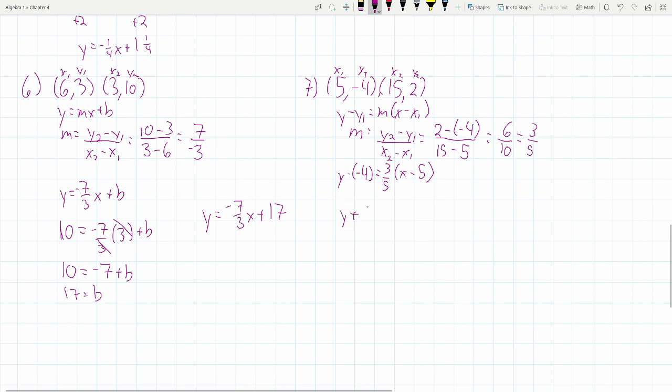So this turns into y plus 4. And I'm going to distribute this 3 over 5, so 3 over 5x, and 3 over 5 times negative 5. The 5's cancel out, so I get negative 3. I'm going to subtract 4 from both sides. So I get y equals 3 over 5x minus 7.